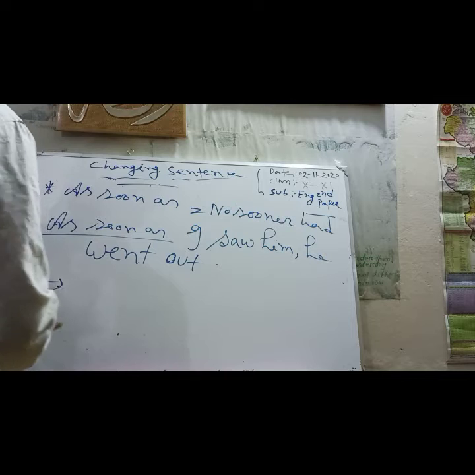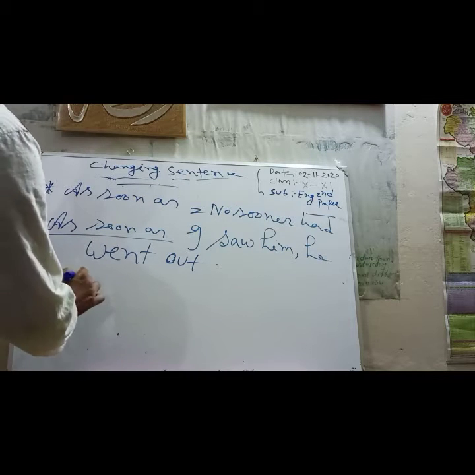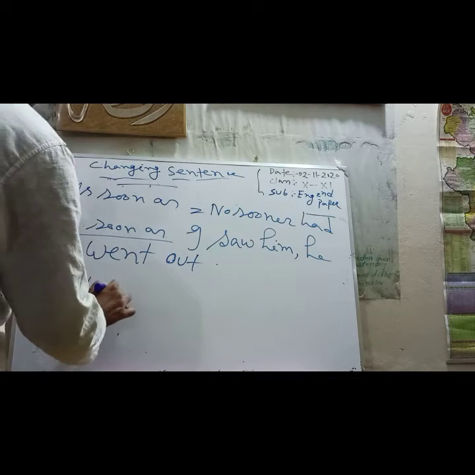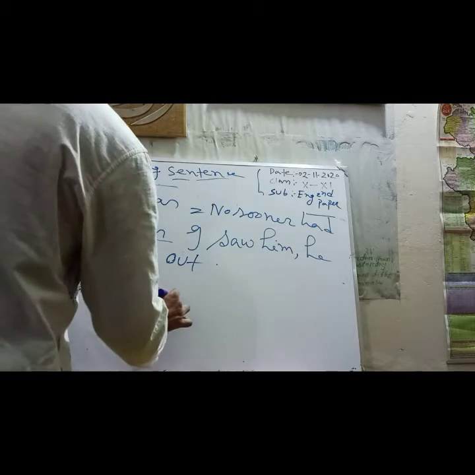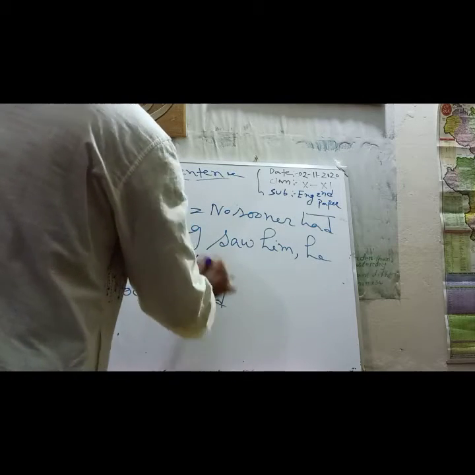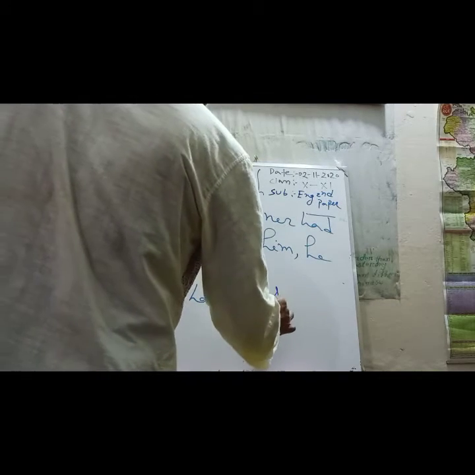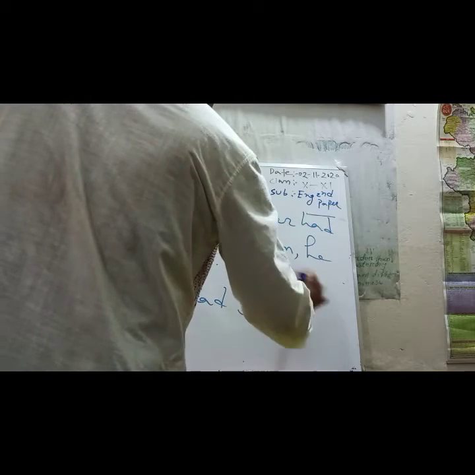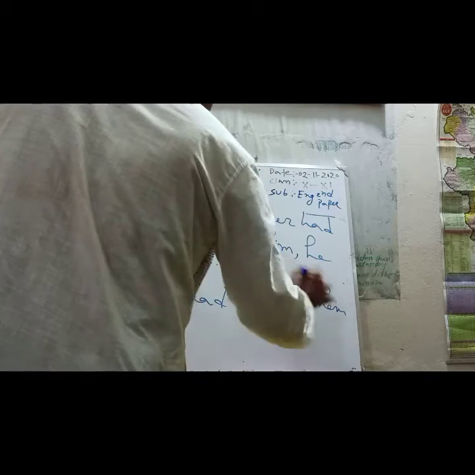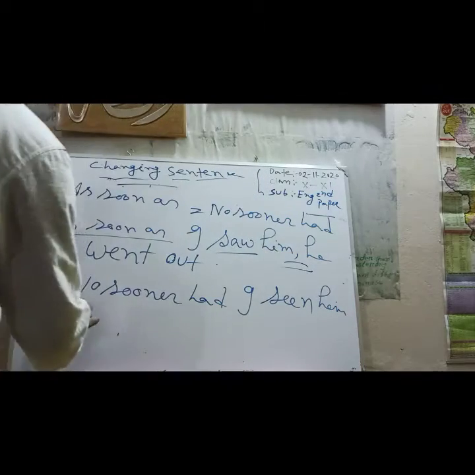Instead of as soon as, we use no sooner had, and then subject, and then the past participle form of the verb, and then object. Instead of the comma, we use than.